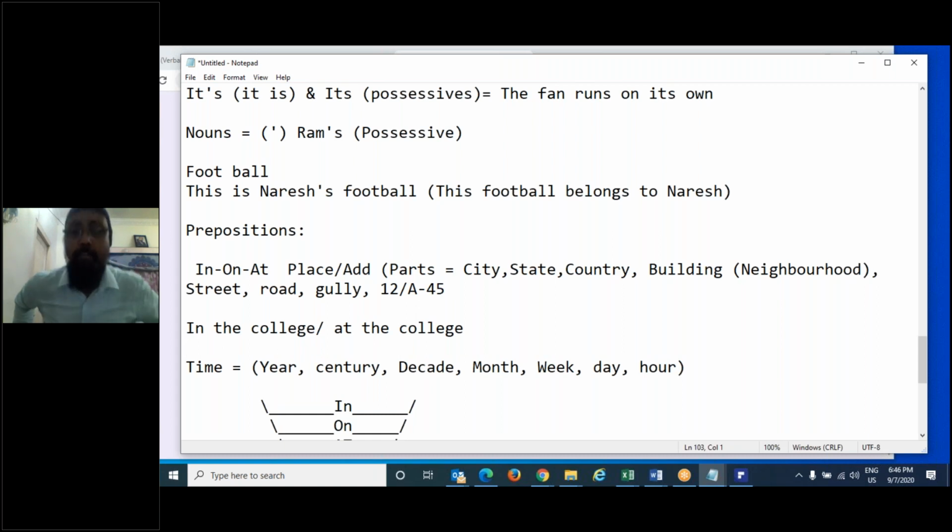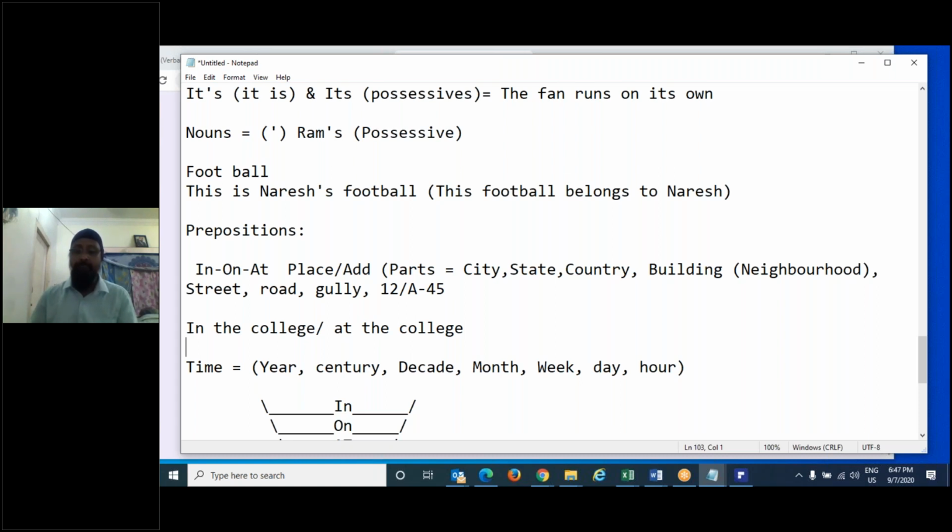In the college or at the college? Can you please text and tell me? At, okay, okay. At, so not in. Is your college a single room? Both, absolutely correct, Fahima.